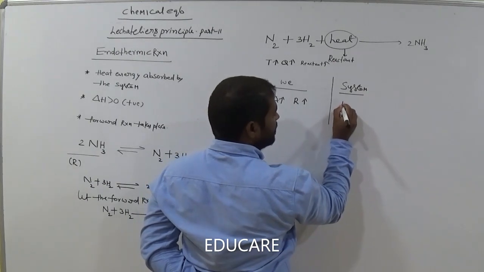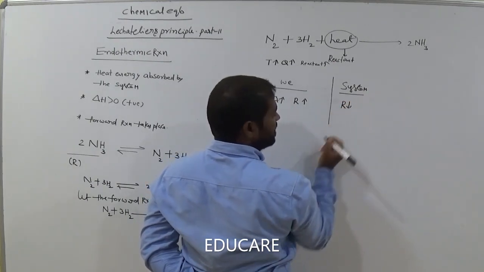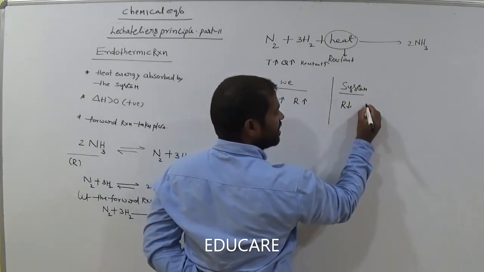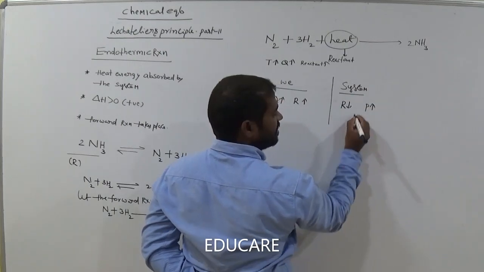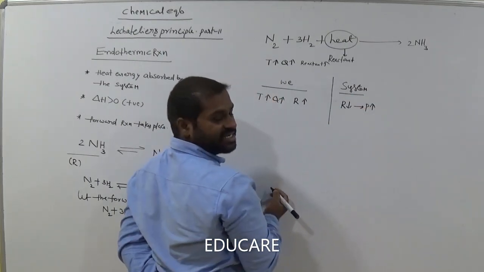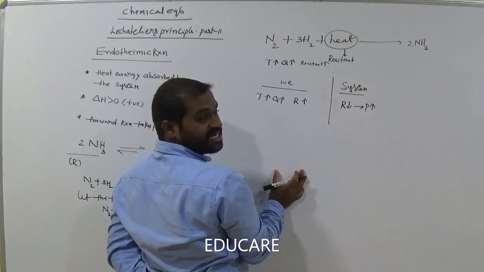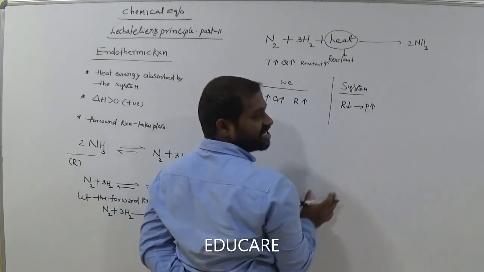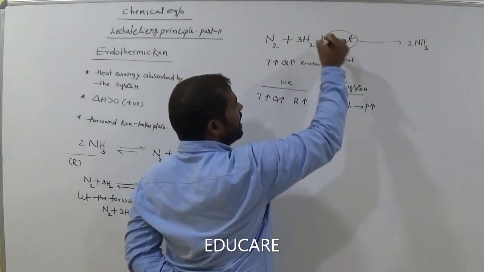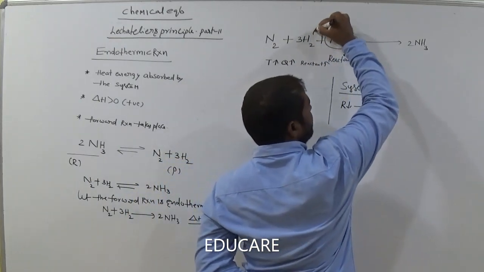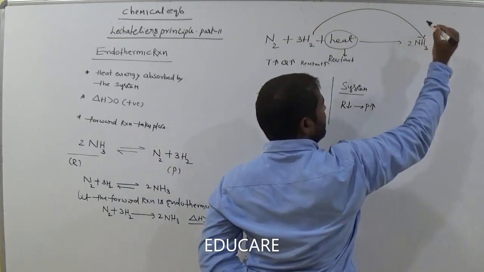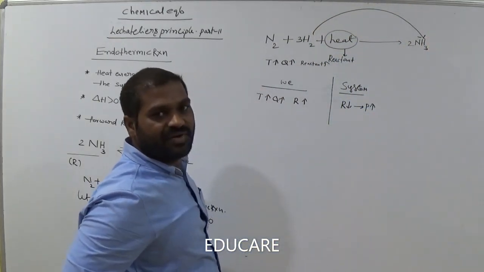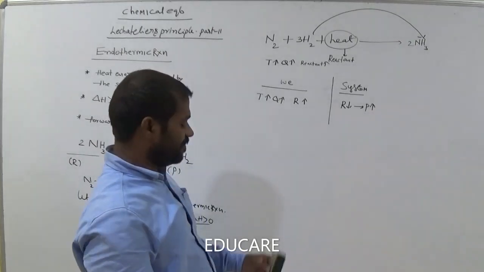The system can try to decrease the reactant's concentration and increase the product concentration. In which direction is it? Forward direction. Is it clear?